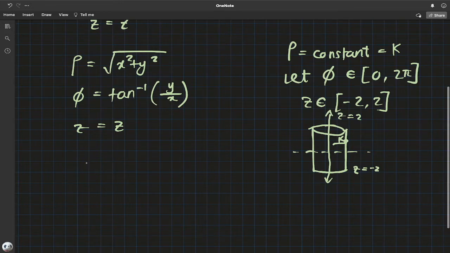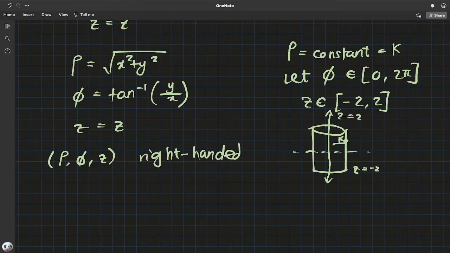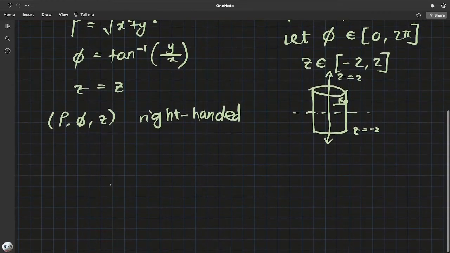Another thing I want to point out is that this order of rho, phi, and z, you need to maintain, because this is what keeps our coordinate system right-handed. So if you have basis vectors e rho hat and e phi hat, if you cross them, you get ez hat. You don't get the negative of that.